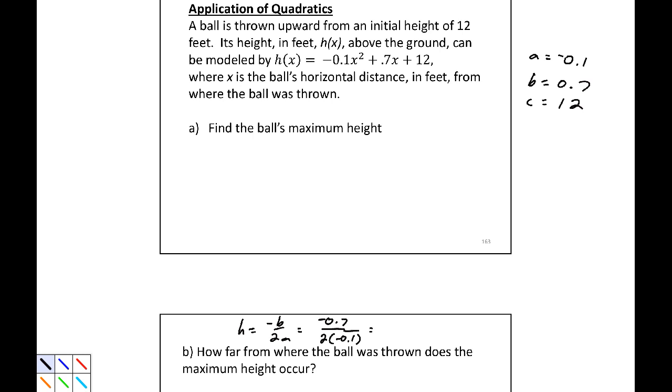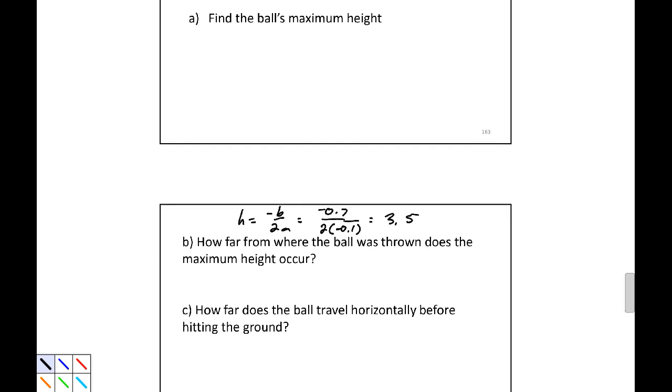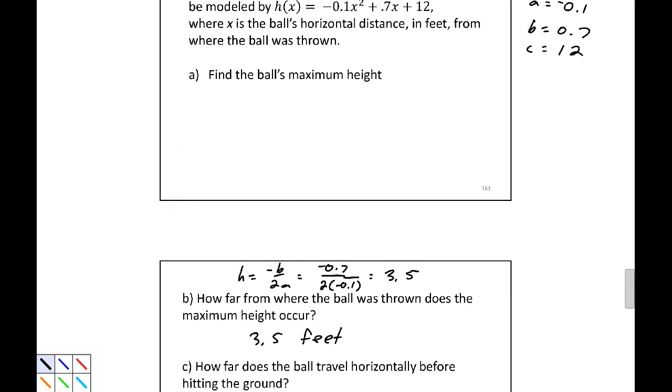If we divide that, that would be negative 0.2 in the denominator. Negative 0.7 divided by negative 0.2 is 3.5. So how far from where the ball is thrown does the maximum height occur? 3.5 feet.